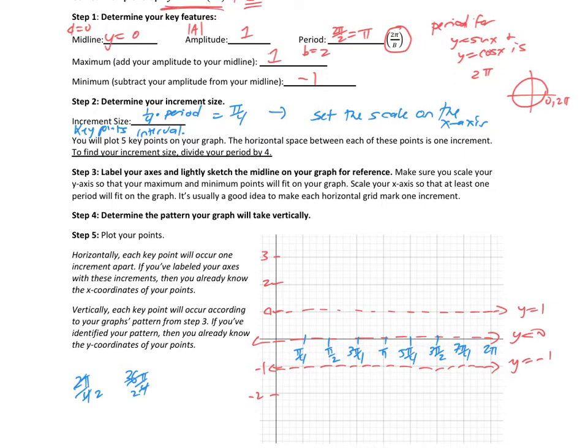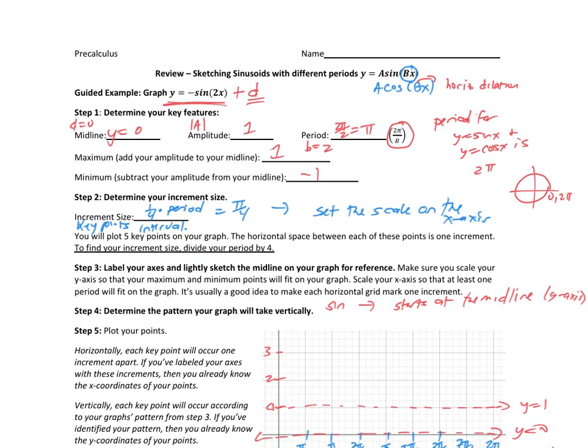And now we have to think about where we're going to start. I'm going to write this up by step 4. So this is a sine graph. Sine starts at the midline, so that means on the y-axis. And then we have to determine, is this going to go up or down from the midline?